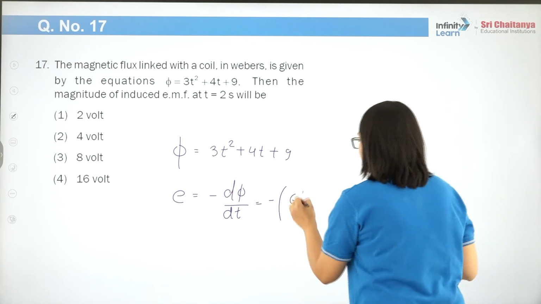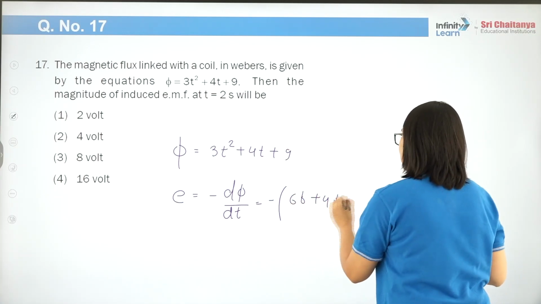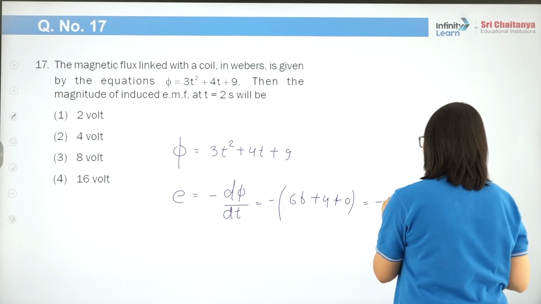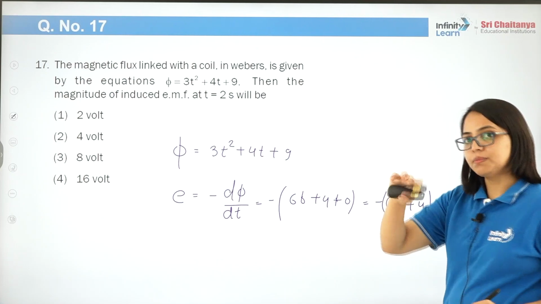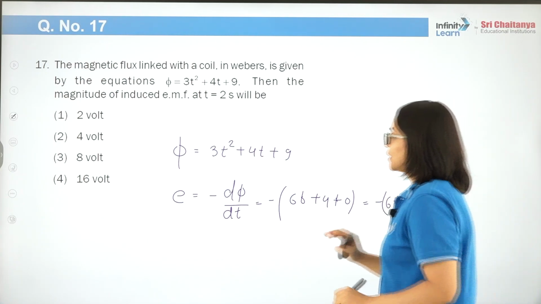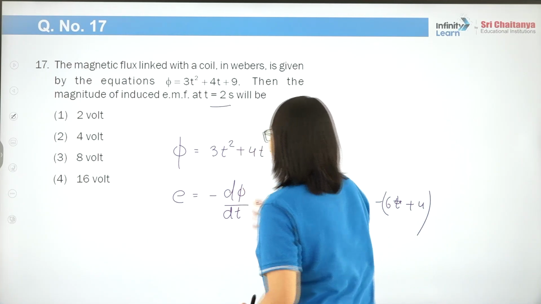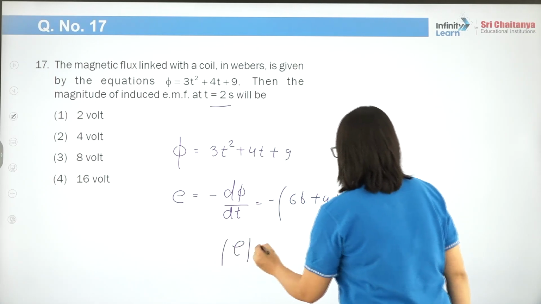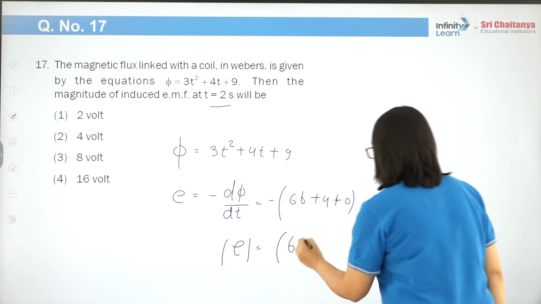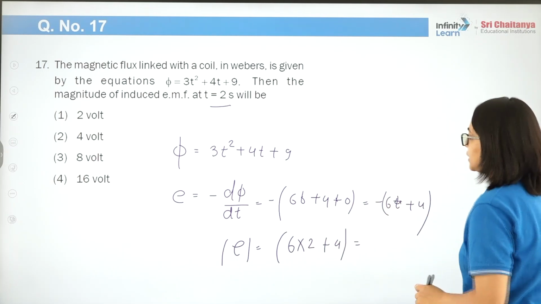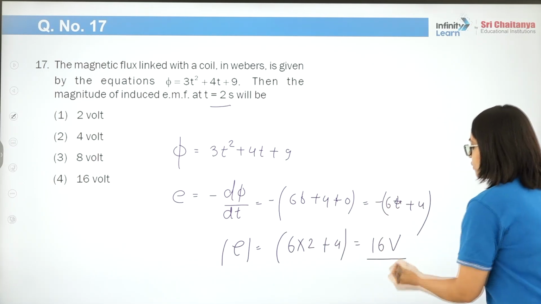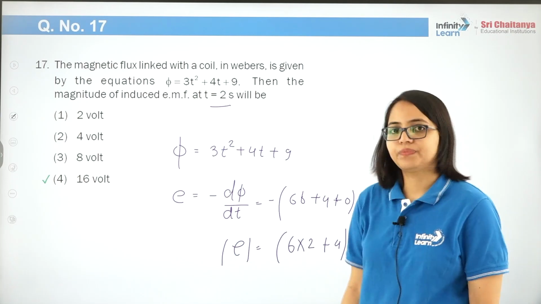So this will be 6t plus 4 plus 0. Put the value of t as 2 to get the magnitude of the induced EMF. So this is 6 into 2 plus 4, which is 12 plus 4, which is 16 volt. So the correct answer is option 4.